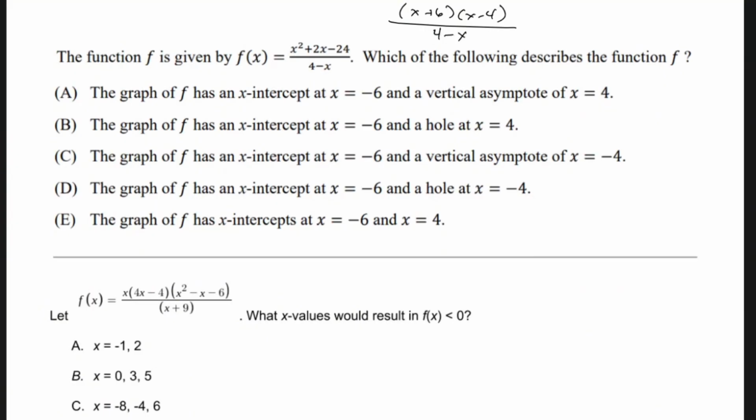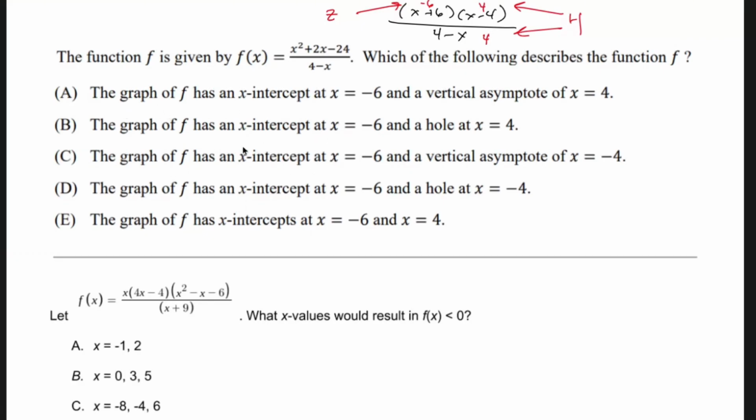Now this is where it gets weird. Notice the backwardiness. This is a negative 6 magic number. That is a 4 magic number. 4 minus what gives us 0? 4 minus 4 gives us 0. So that is still 4. So we have a 0 at negative 6, and we have a hole at 4. So a 0 at negative 6, or they are calling it x-intercept, which is allowed.